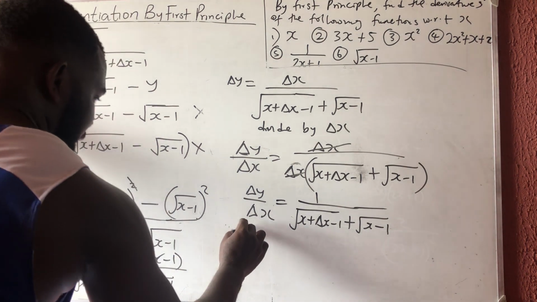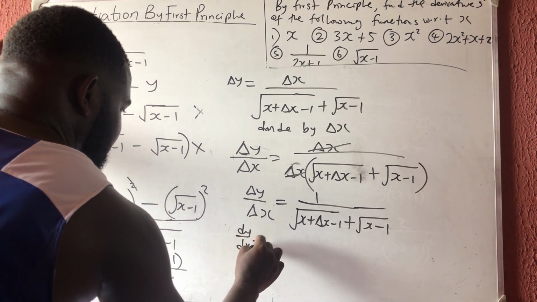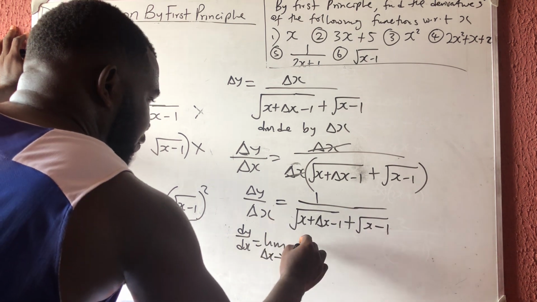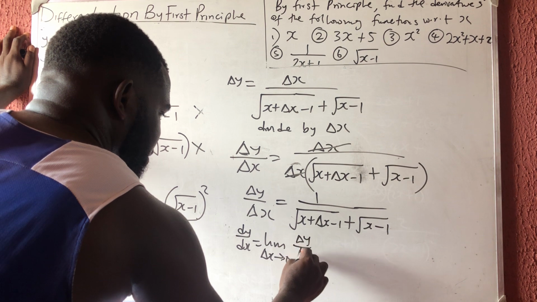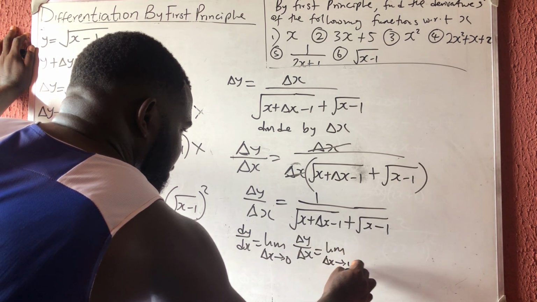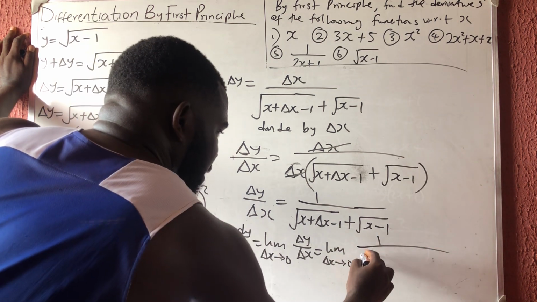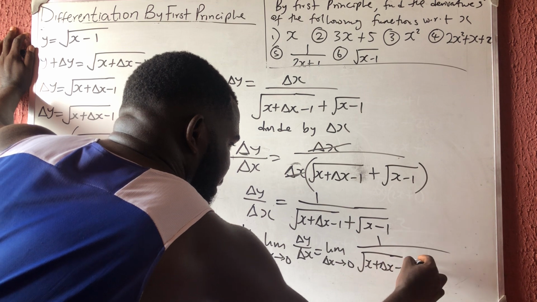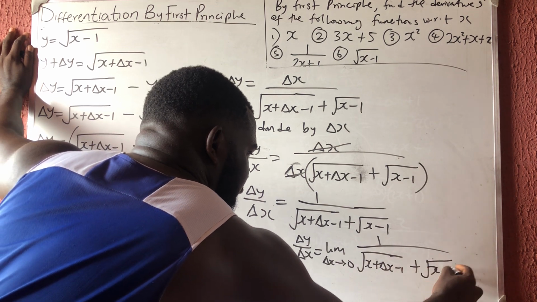So you now say that dy/dx is simply the limit as change in x approaches 0 of change in y over change in x, which is the limit as change in x approaches 0 of 1 over the square root of x plus change in x minus 1, plus the square root of x minus 1.